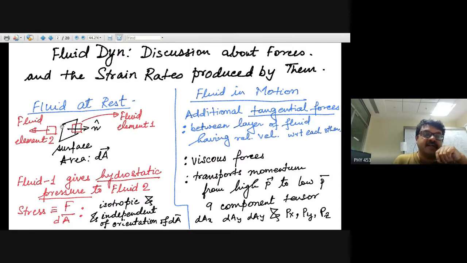We've divided the fluid into two parts: the part lying to the left of the surface area, in black, which we call fluid element 2, gives a force on the right side of the surface, which we call fluid element 1.